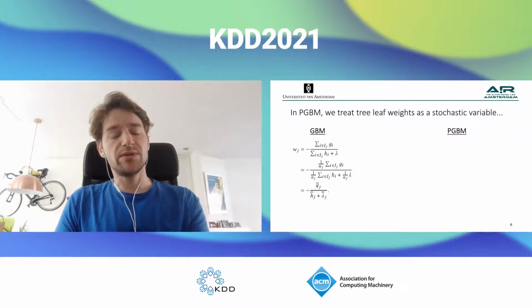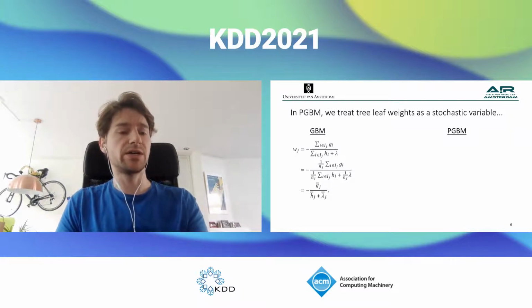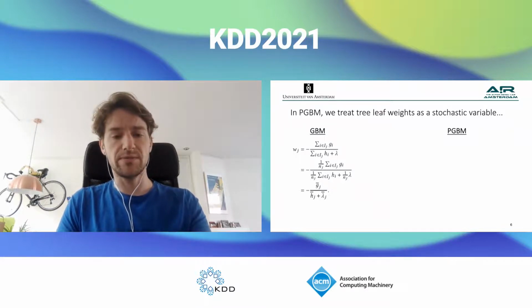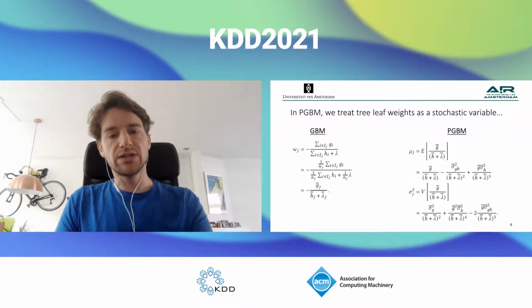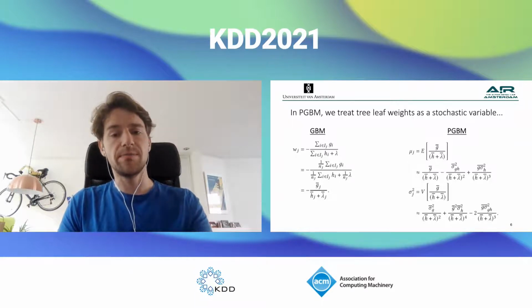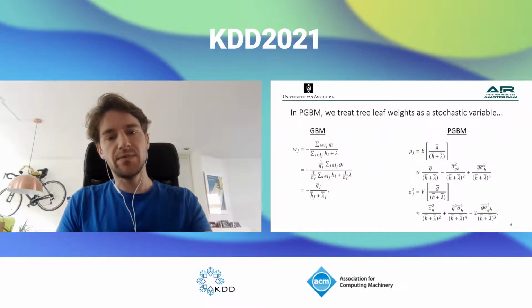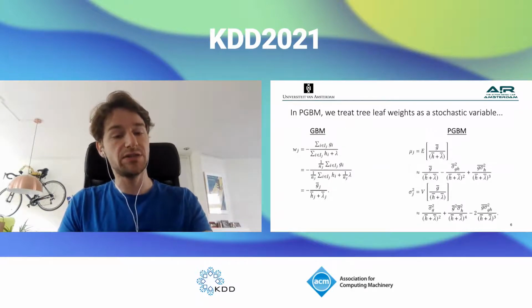What we do in PGBM is we say this leaf weight is a stochastic variable that we are going to approximate. So we have a mean, mu, and a variance, sigma squared, and we want to know the expectation of this random variable.